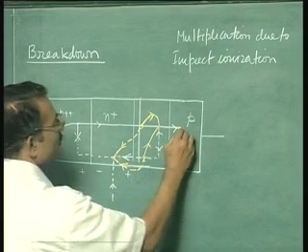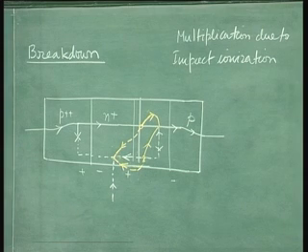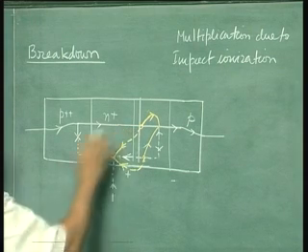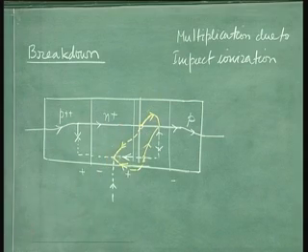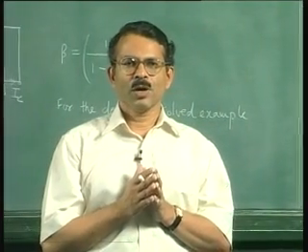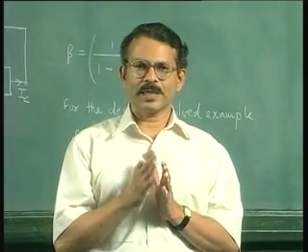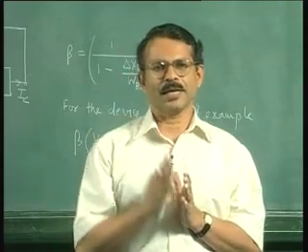Now we need to see what is the result of this multiplication. We can write a simple equation to explain the effect of this multiplication. But before we write the equation, let us understand qualitatively why the breakdown occurs. Please understand that breakdown means a sudden change in current, a rapid change in current.